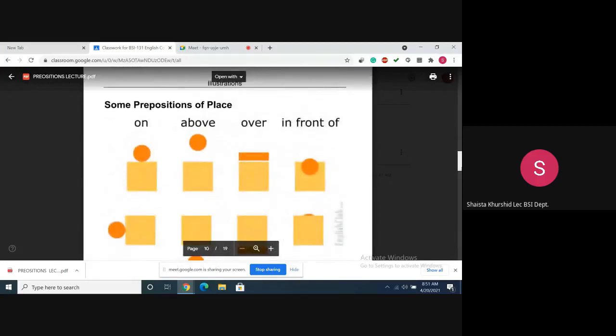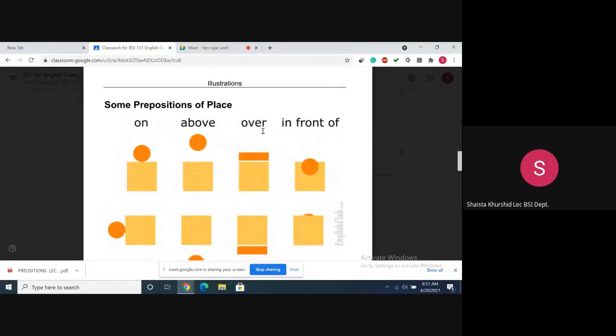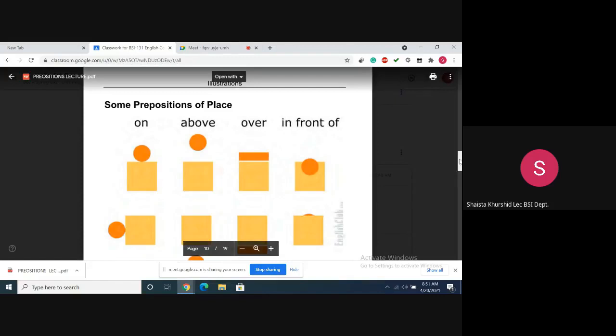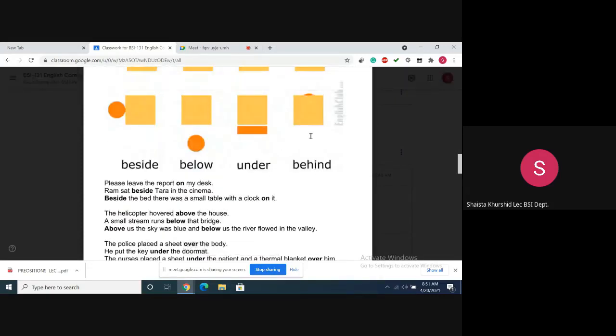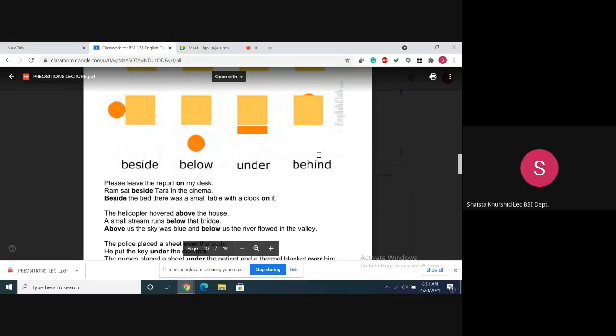Okay, so some prepositions of place: how can you put on, or above, or over, or in front of; we can say beside, below, under, and behind, right? I wanted you to understand what is under, what is behind, what is below.